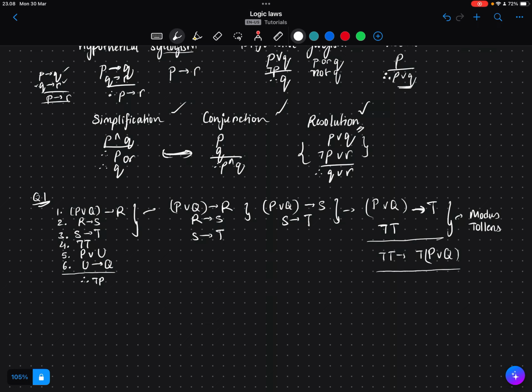Then with this you can say not P and not Q. This is by De Morgan's law, so that is the negation law. If you have not (P or Q), you can negate the P, do the opposite of OR, which is the AND, and then do this. If you had an AND, it would be the same, except you would just do this.